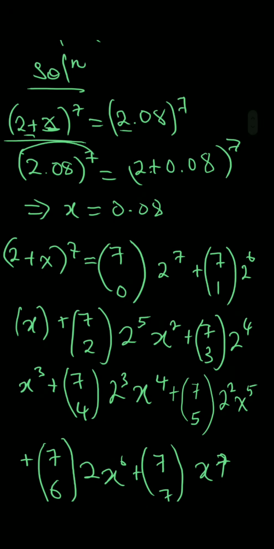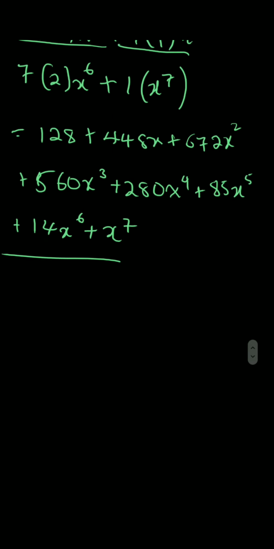Okay, so this is the first part. Now we look for 2.08 to the power 7, meaning that wherever there is x, we're going to just substitute 0.08.